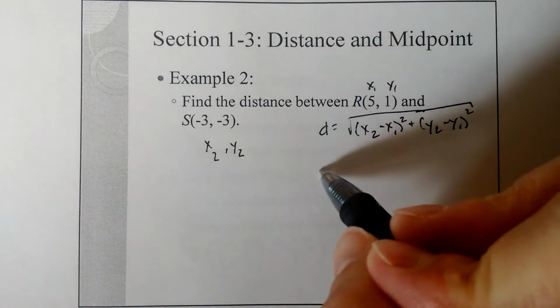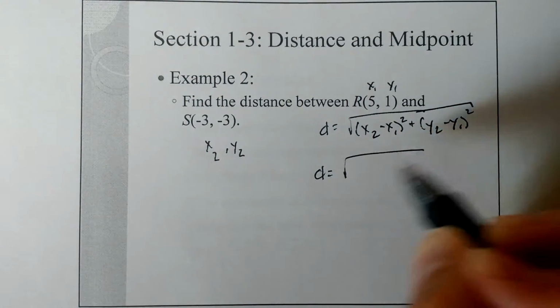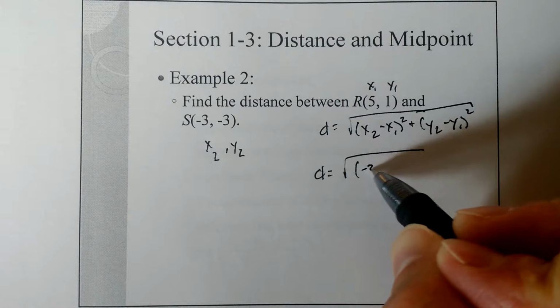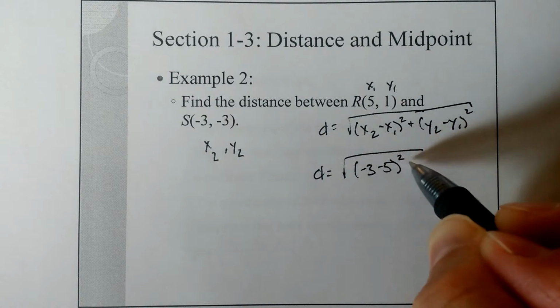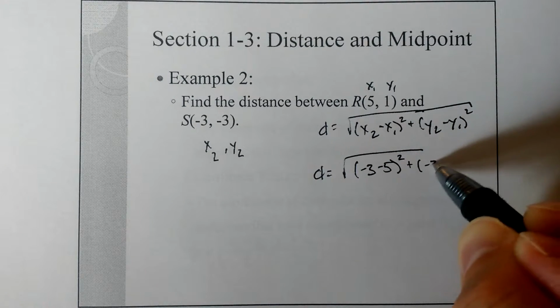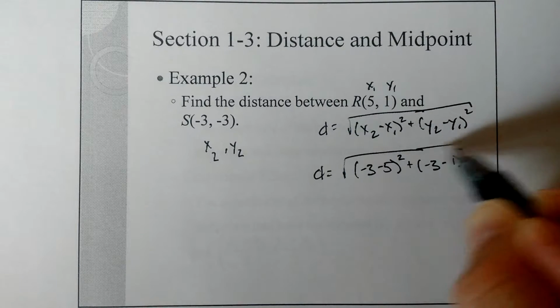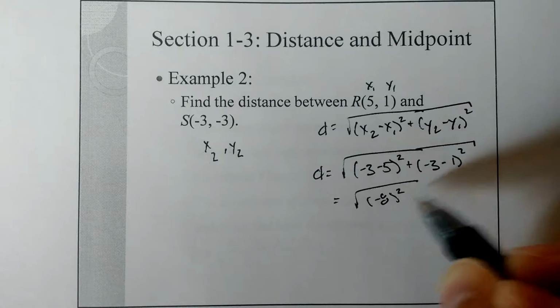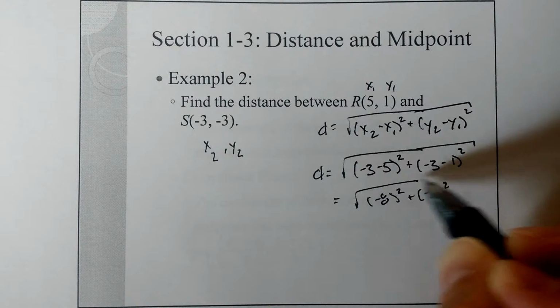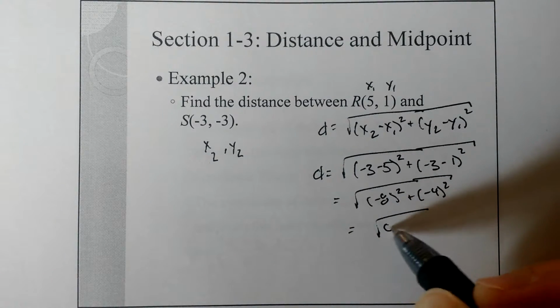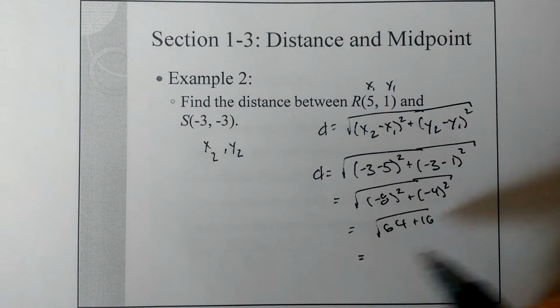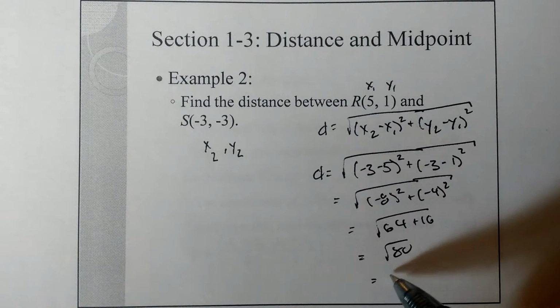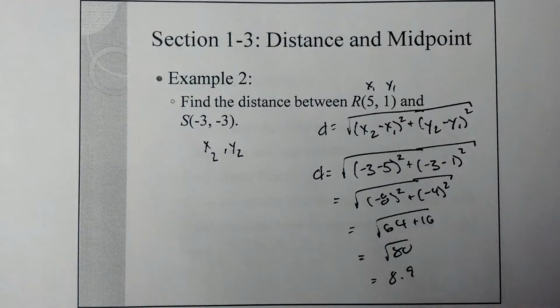So when I plug my numbers in, I get the distance is the square root of x2, which is -3, minus x1, which is 5, squared, plus y2 minus y1, squared. So this is the square root of -8 squared plus -4 squared, which is 64 plus 16, which is the square root of 80, which is about 8.9. So that's the distance.